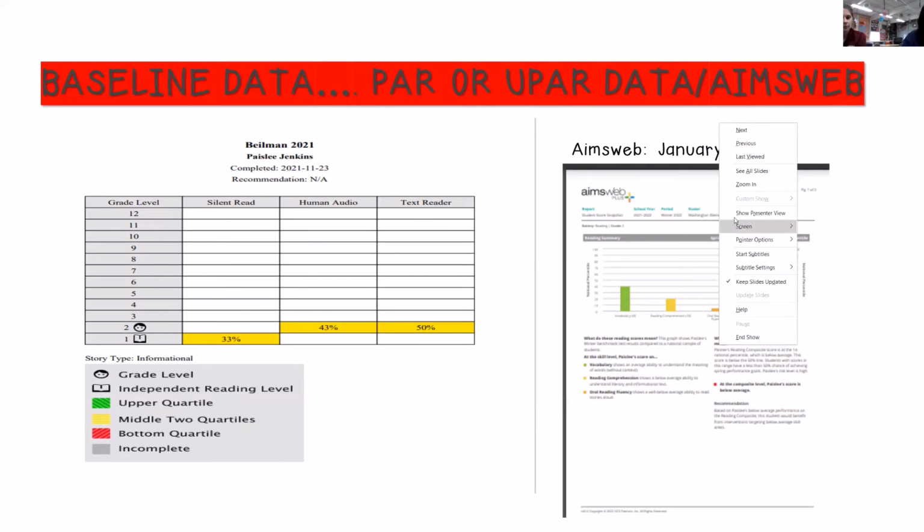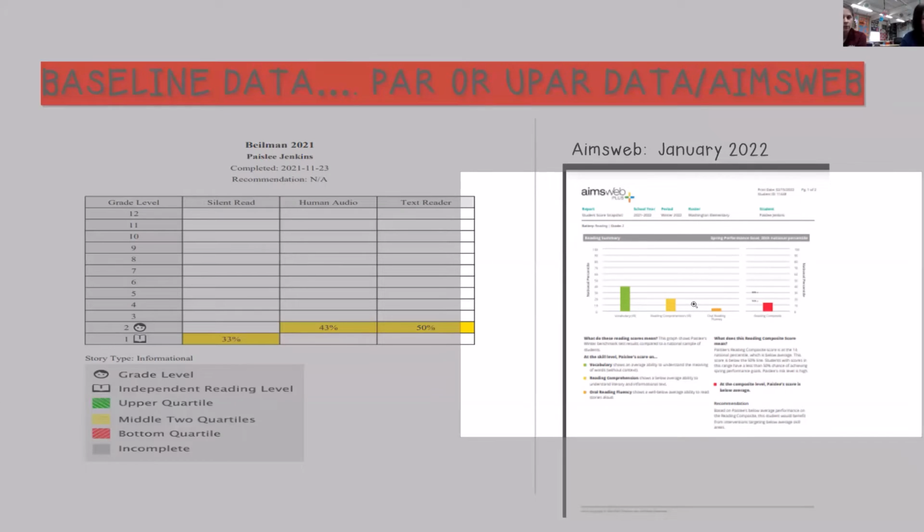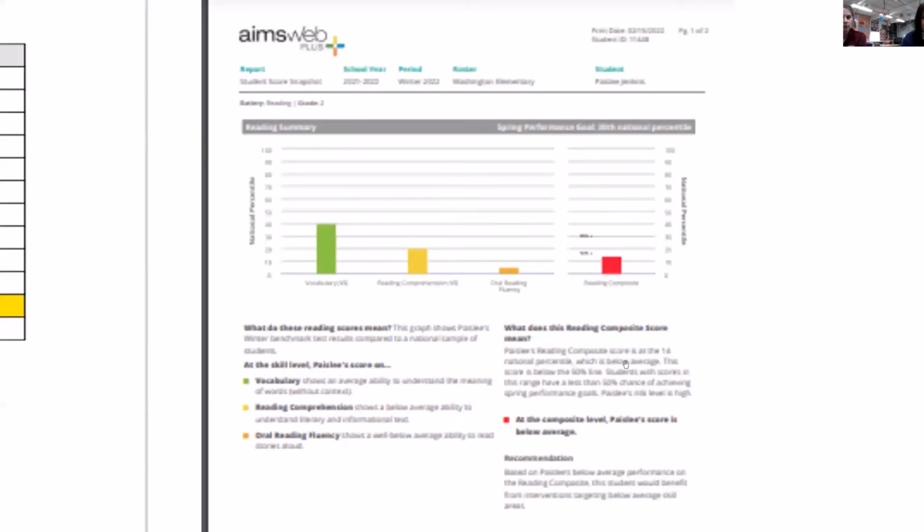In the AIMSweb, you can't really see over there, but that was something else I used with her. And she actually is at the 5th percentile for oral reading fluency. That was when we first got her for this. And then we implemented some of the stuff, and I pulled some more data on her today just to see where we're at. She started out in the fall reading 4 words per minute.